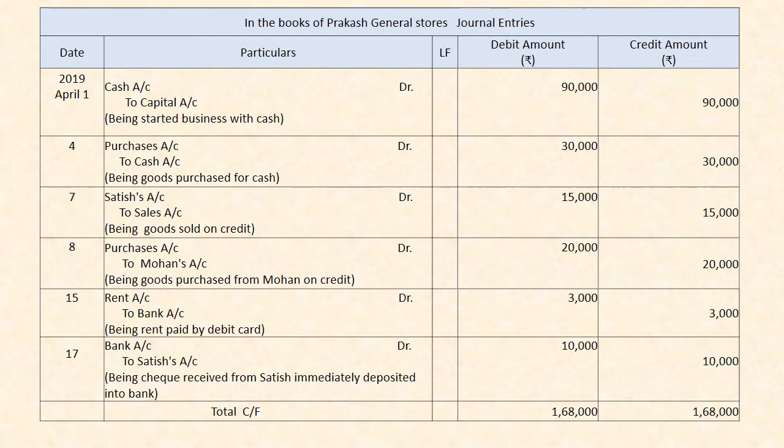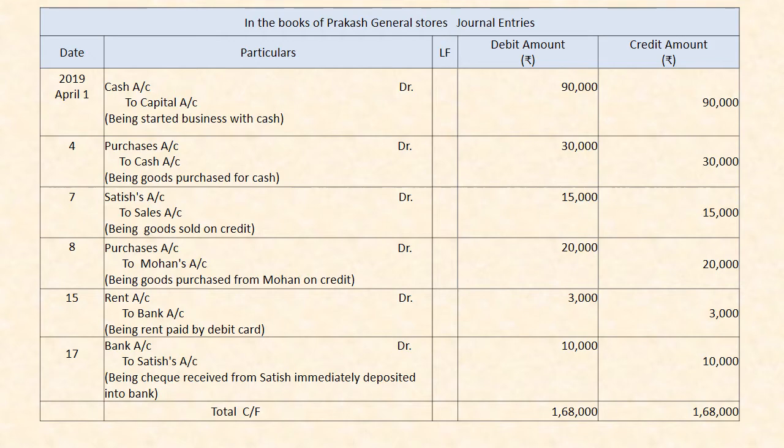Which two accounts are involved in this transaction? Cash account and capital account. Identify the type of accounts. Cash account is a real account, so apply the rule of real account to cash account. And capital account is a personal account, so apply the rule of personal account to capital account.